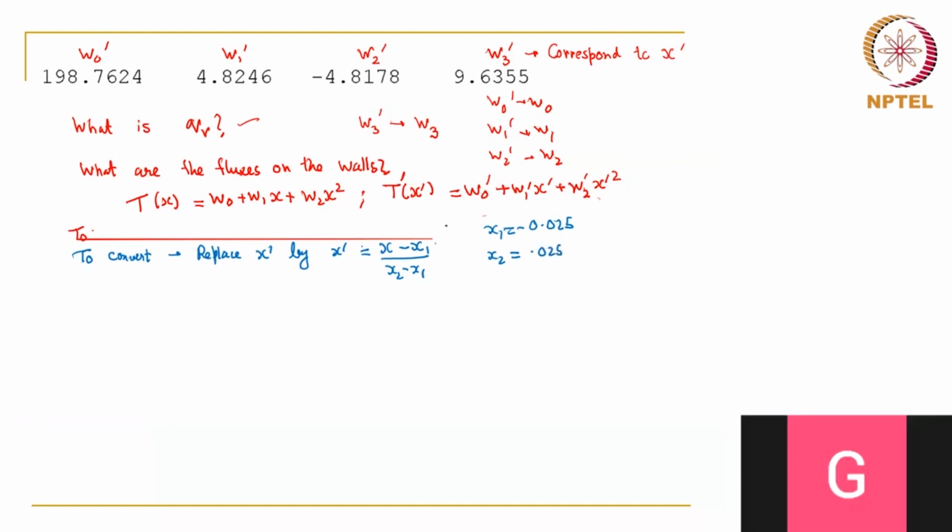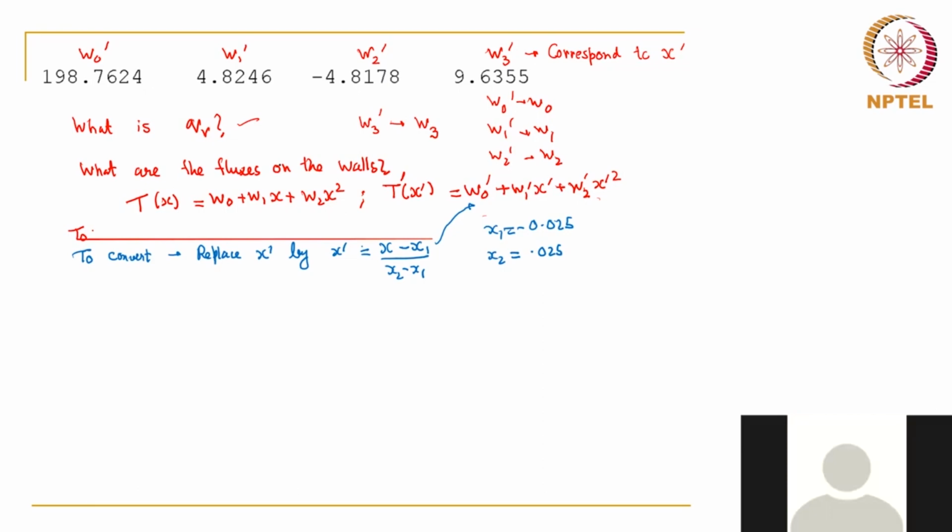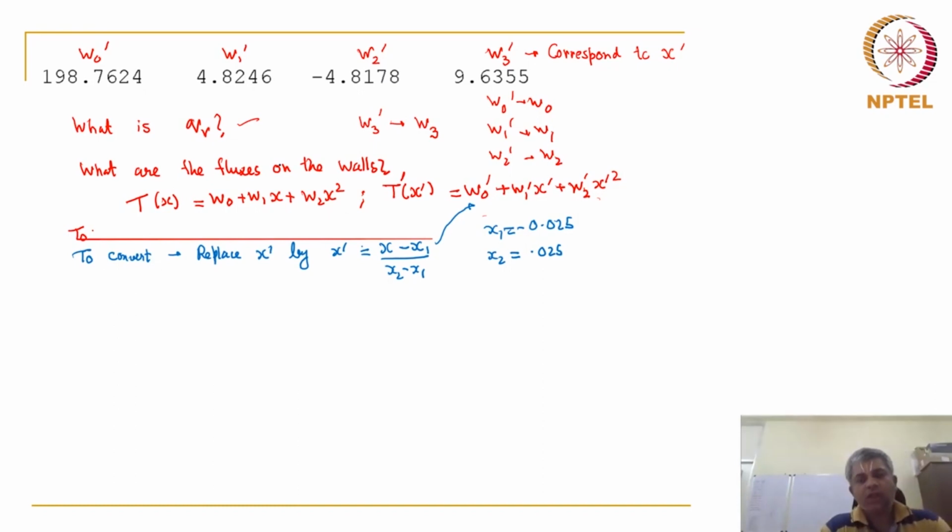So we could plug that in here, find out what expression comes, and directly find out what W0, W1, W2 are. So that is one way. There are a few other ways which work out for the specific cases we have taken here.